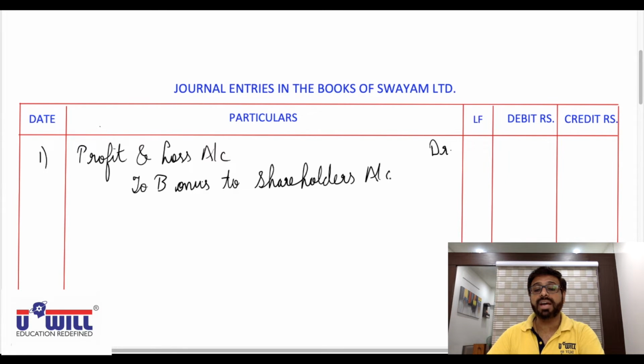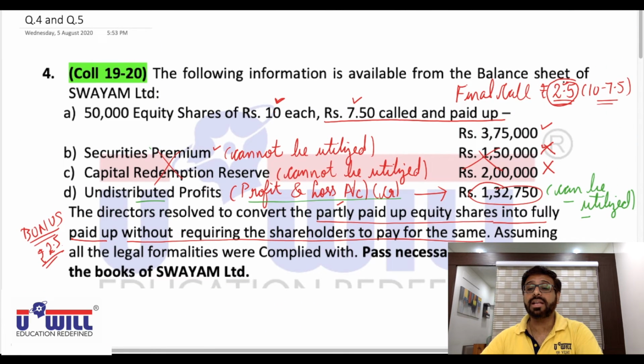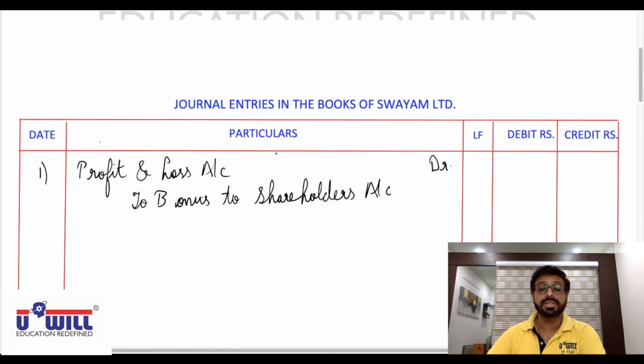Now what amount are we giving as bonus? Final call of 2.5 we are giving in the bonus. There are 50,000 equity shares. So 50,000 equity shares into final call of 2.5 is given in the bonus.